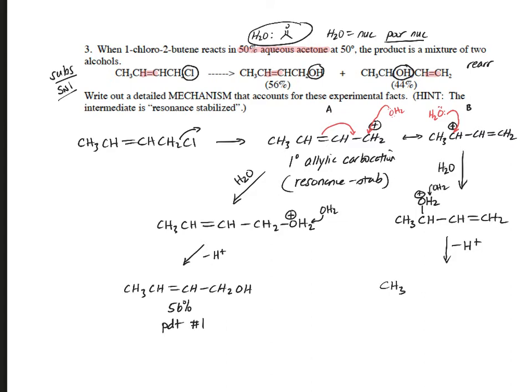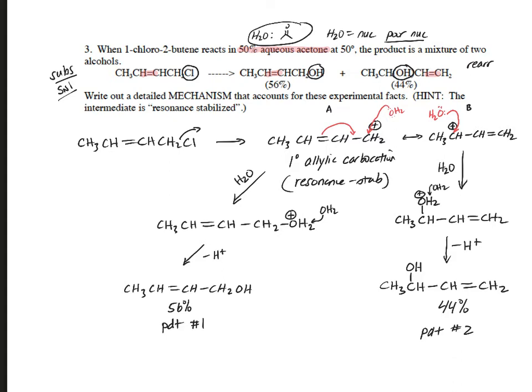We would have CH3, CH bonded to an OH, going to a CH, to a CH2. That is, if you take a look, that's product number 2, and they said that was 44%. Now, as far as the percentages, you can explain that by looking at the location of the double bond.